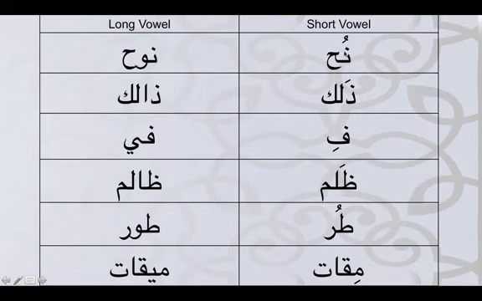With a short vowel, it's pronounced nuh. But if you were to replace that Damaa with the long vowel wa, it will be pronounced nuh. Nuh versus nuh.